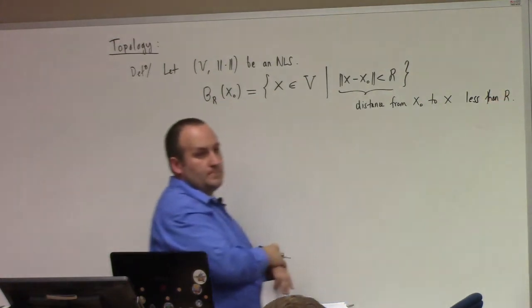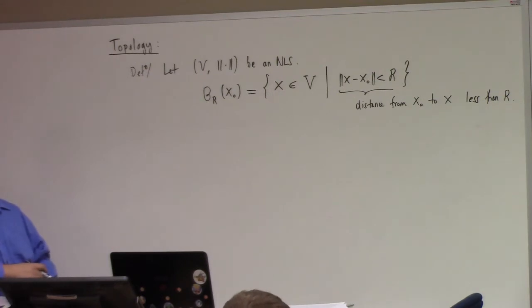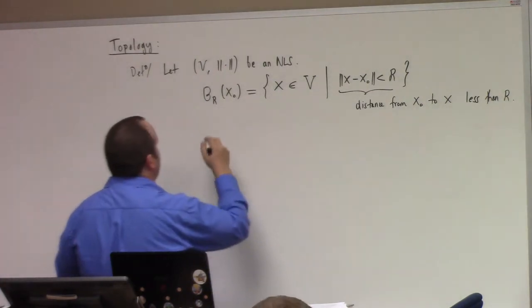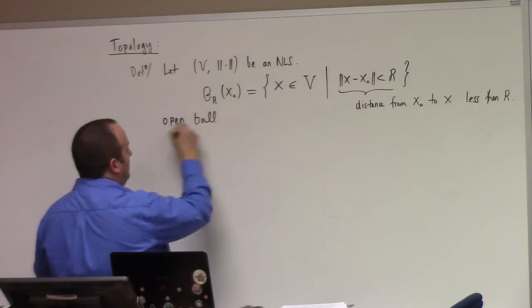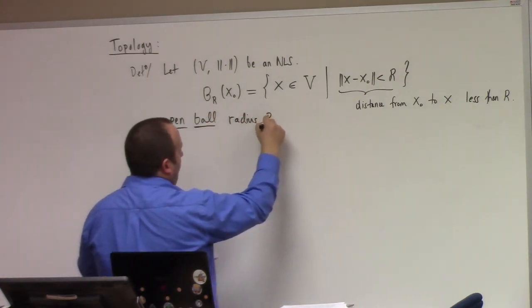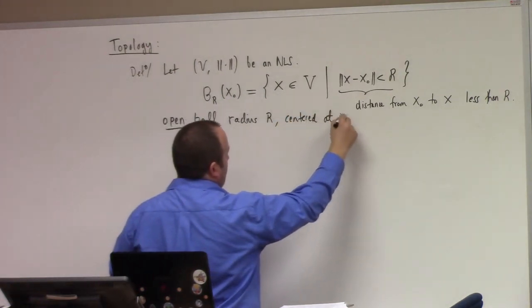This is the collection of points that are less than distance r from x naught. This is the open ball of radius r centered at x naught.